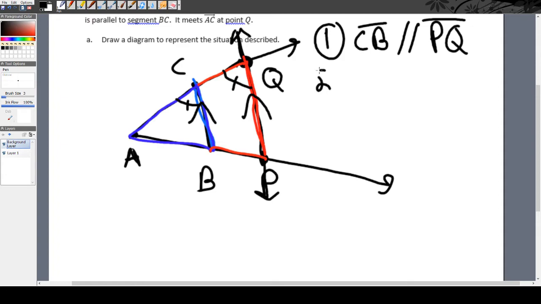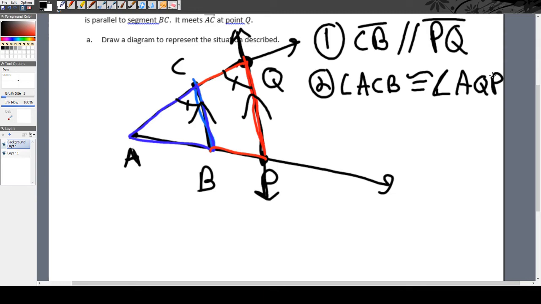So my second statement is that angle ACB is congruent to angle AQP. And the reason again is because they are corresponding angles. And similarly, we can do the same exact thing with this angle right here and this angle right here.